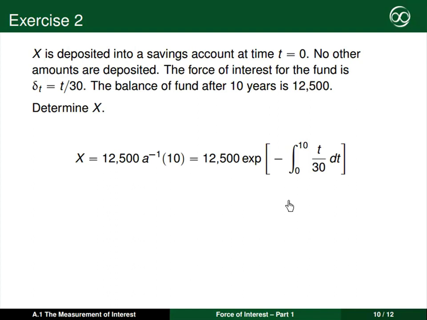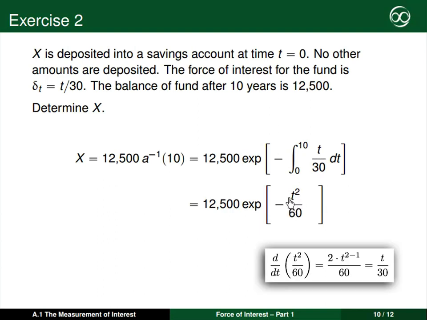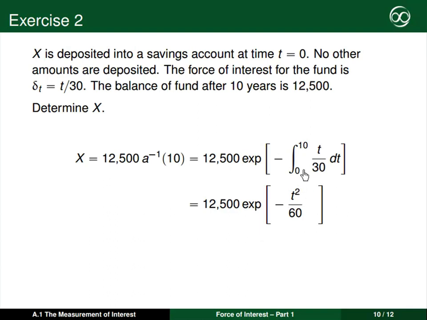Now it's very simple calculus. The 1 over 30 comes out. And then the integral of t is t squared divided by 2, because if I take the derivative, the 2's cancel and t squared becomes t. And so I get 2 times 30 or 60. And this is minus because I have this minus sign here. So minus t squared divided by 60 evaluated from 10 to 0.